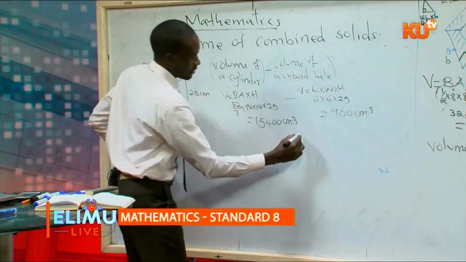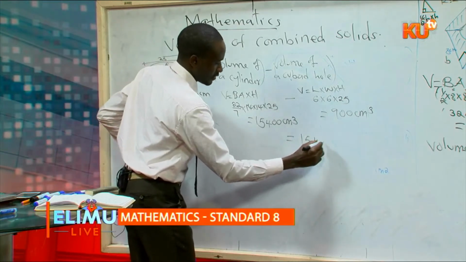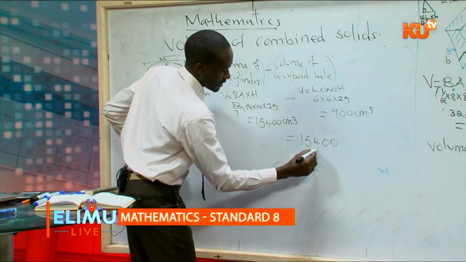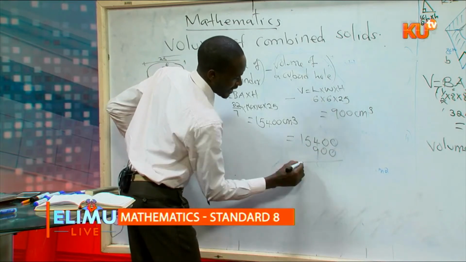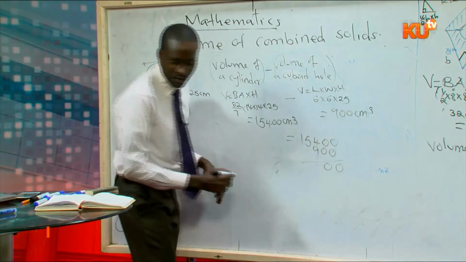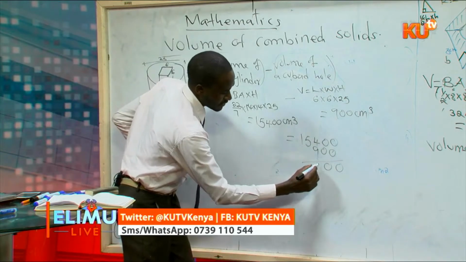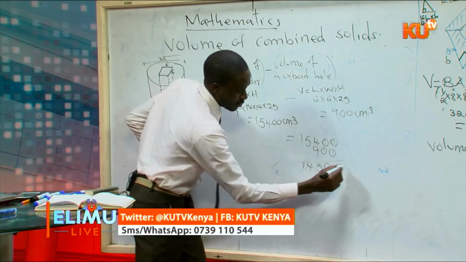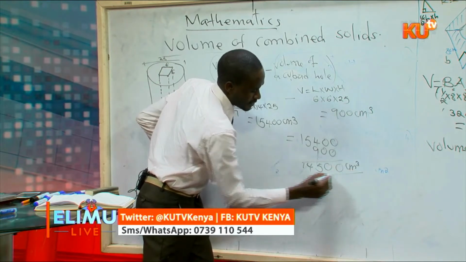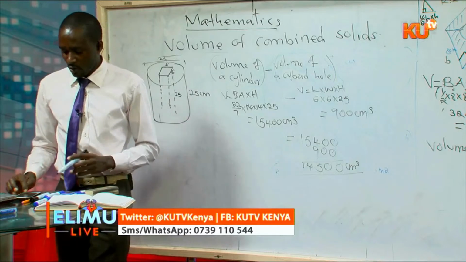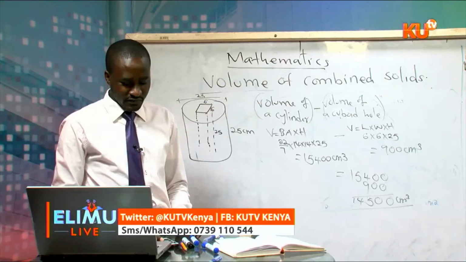This was removed. Now it is 15,400. Take away 900. That will give you 14,500 cubic centimeter. I hope you are satisfied with that.